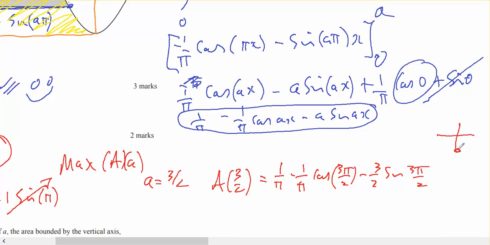And 3 pi on 2 is down here, so the cos is equal to 0, but the sine is equal to negative 1, so that will be 1 on pi plus 3 on 2.